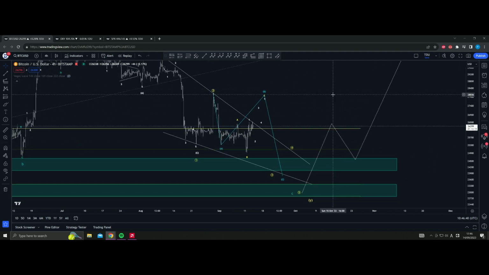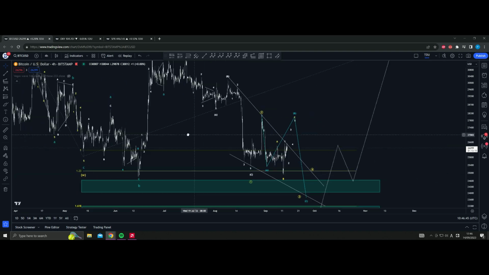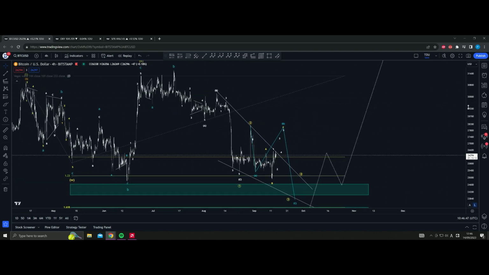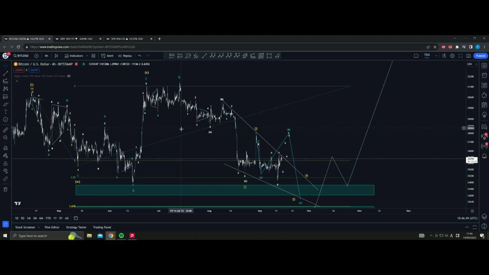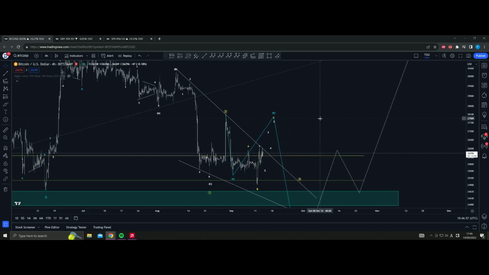So current move, I was thinking, okay, since we set ABC of the first wave of an ending diagonal, back to it, so zigzag, flat, X and AB, and then we need a motive wave to complete the structure.